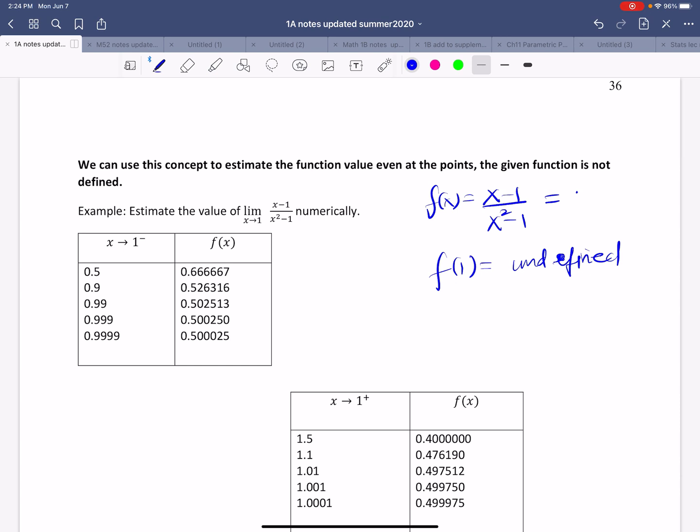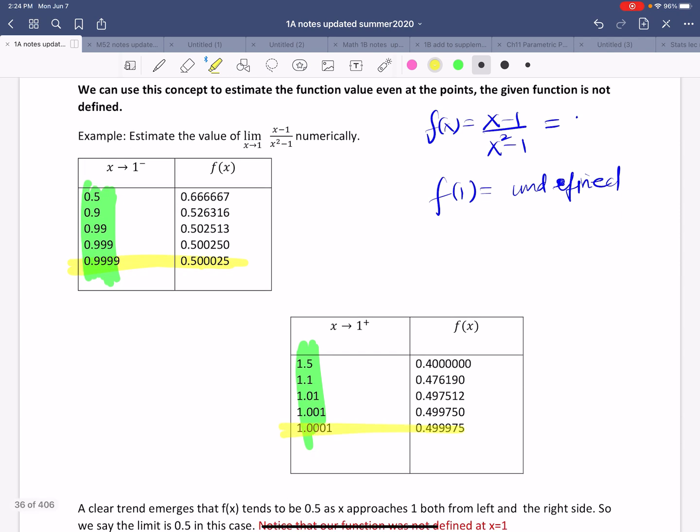So what we can do here is, instead of plugging in x equals 1, make a table and start picking values really close to 1 on the left hand side and really close to 1 on the right hand side. Then notice, as you're really close to 1, where is the y heading, what is happening to the y.